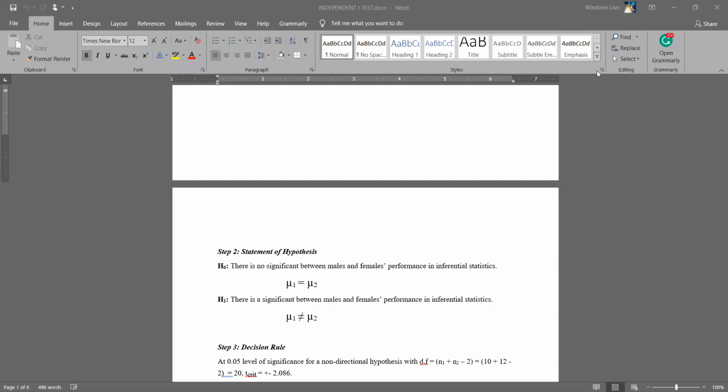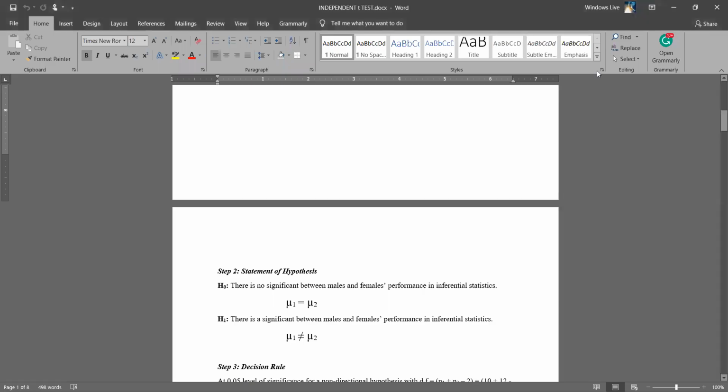So with statement of hypothesis, as I indicated earlier, we have two types. You already know: we have the null hypothesis and the alternative hypothesis. Normally we represent the null with the H0 symbol, then the alternative with H1.